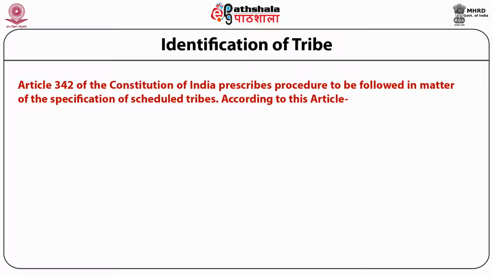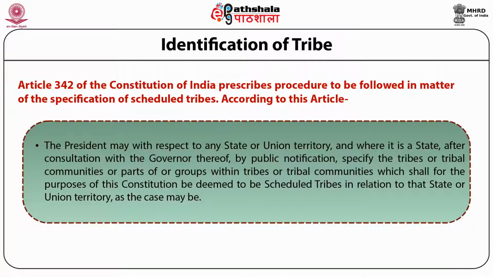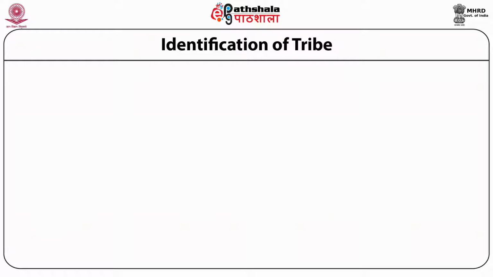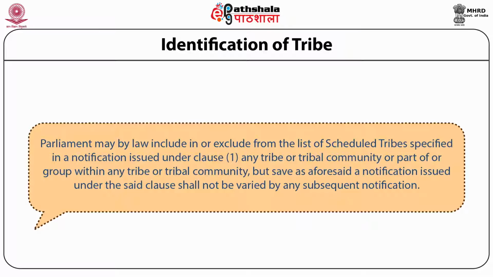Article 342 clearly says that the President of India may, with respect to any state or union territory, and where it is a state, after consultation with the governor thereof, by public notification, specify the tribes or tribal communities, or parts of or groups within tribes, which shall, for the purposes of this Constitution, be deemed to be scheduled tribes in relation to that state or union territory. Or Parliament may make a law either to include or exclude from the list of scheduled tribes.